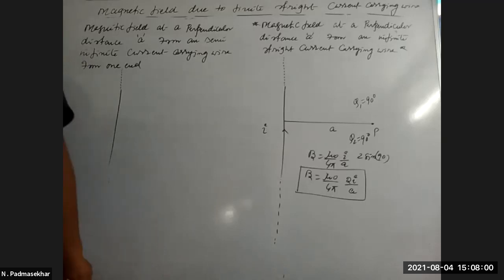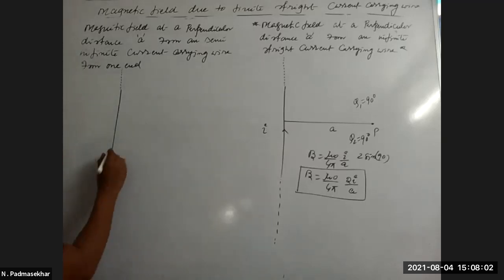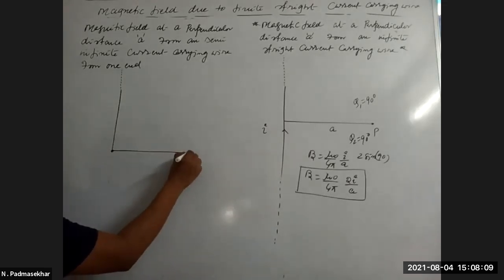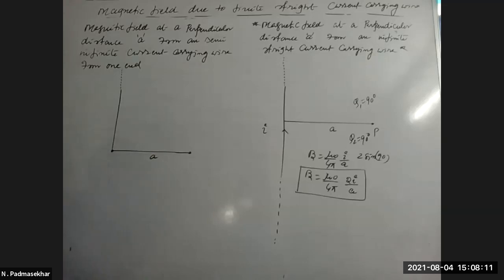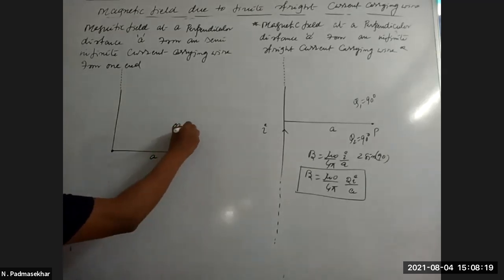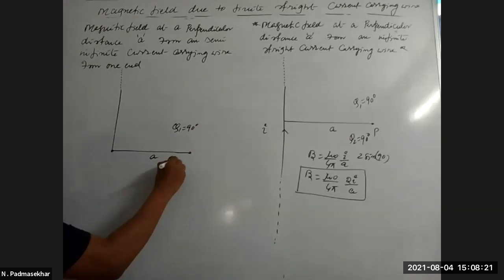One end is infinite. So exactly from this end, at a distance A, what is the magnetic field? It means phi 1 is equal to 90 degrees, but phi 2 is equal to 0.